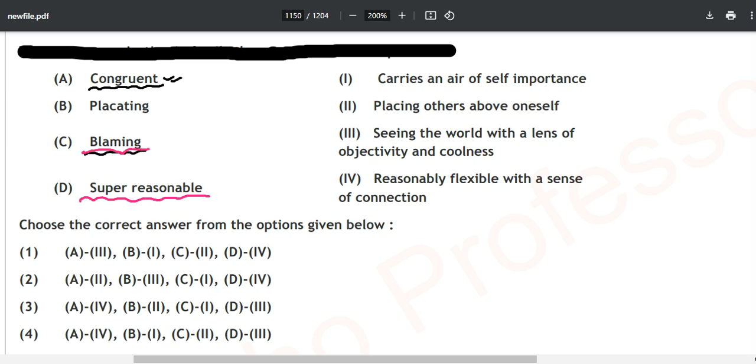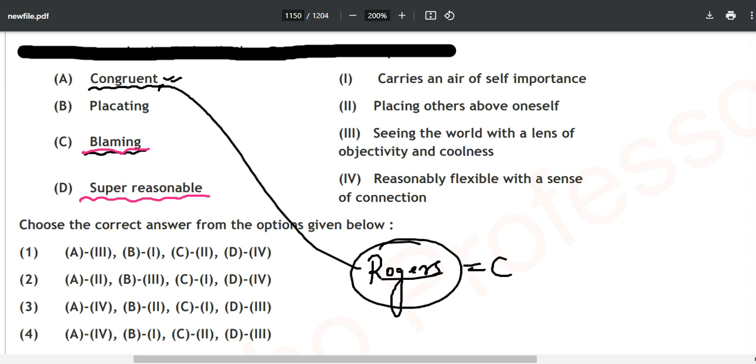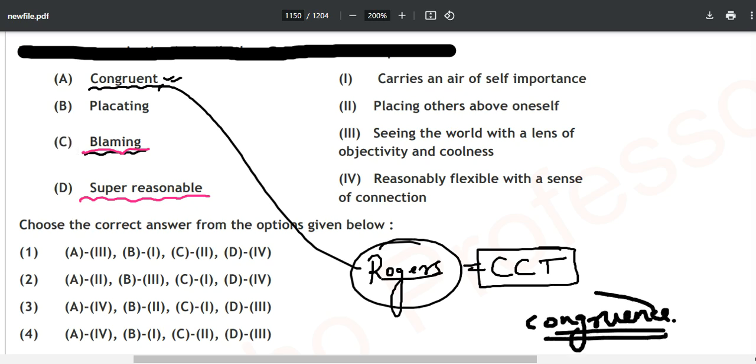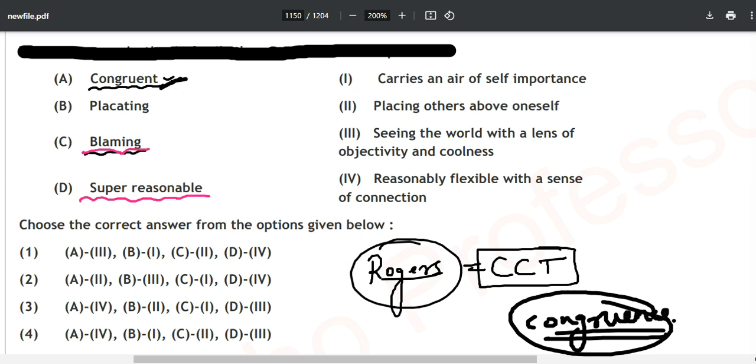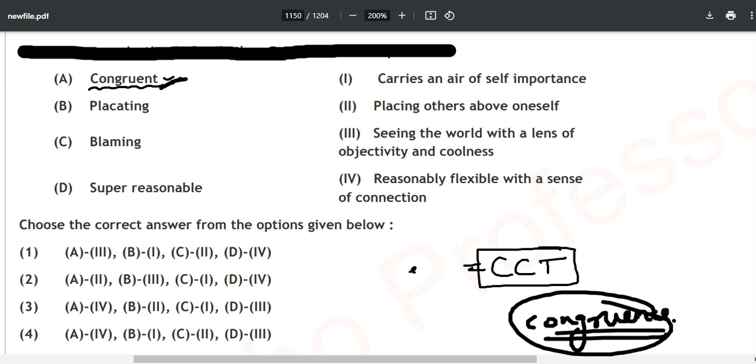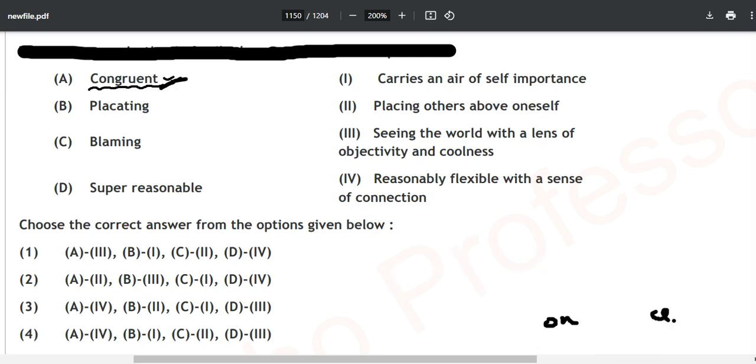Now, if you have studied Carl Rogers, CCT or CCP, client centered therapy, person centered therapy, then you might know the meaning of congruence. So this word congruence was taken and made into congruent over here. Now what is the meaning of congruence in person centered therapy or client centered therapy?